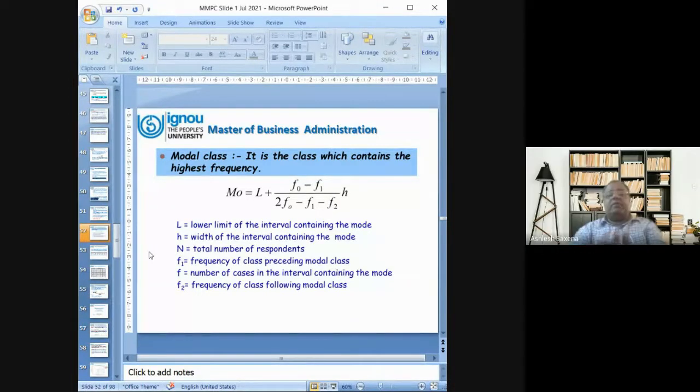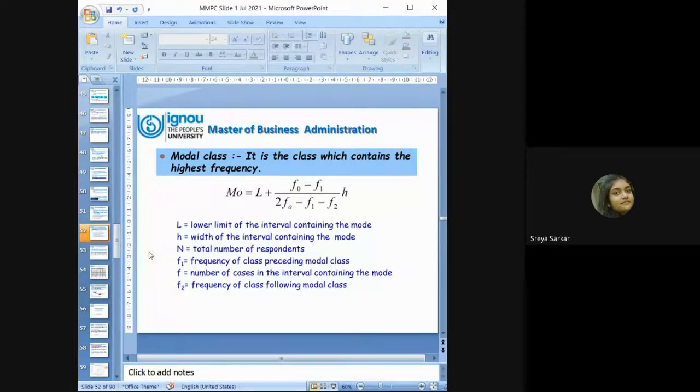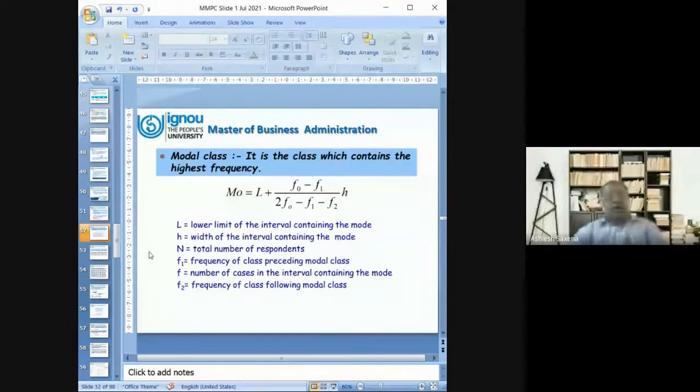This is the formula which is used when the modal class is given to you, or the frequency is given in the problem. Mode is equal to L plus (f1 minus f0) upon (2f1 minus f0 minus f2) into h.